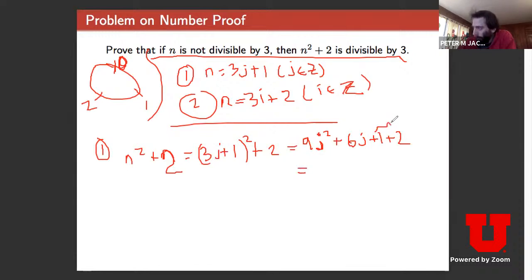So all 3 numbers here are multiples of 3, so that's a big hint. We can factor out a 3, and we're left with 3j squared plus 2j plus 1.